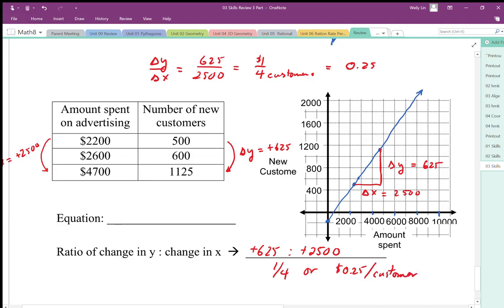Okay, so then the equation looks like this. So we want to know what the equation looks like. So the number of new customers, that's our Y, is equal to 0.25 times the number of dollars spent, which is our X.